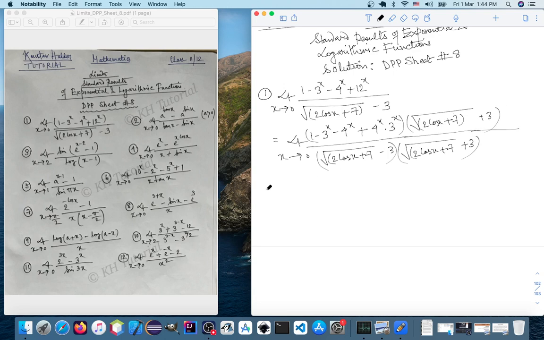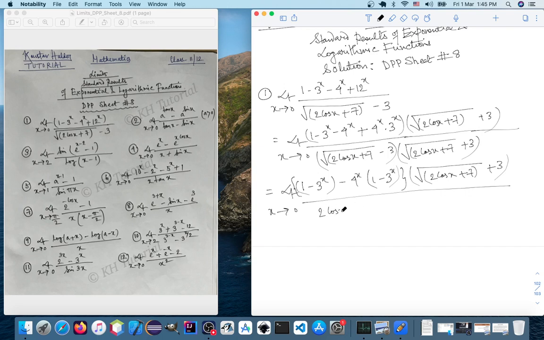Now if we multiply the numerator after rationalization, we get 2 cos x plus 7 minus 9.